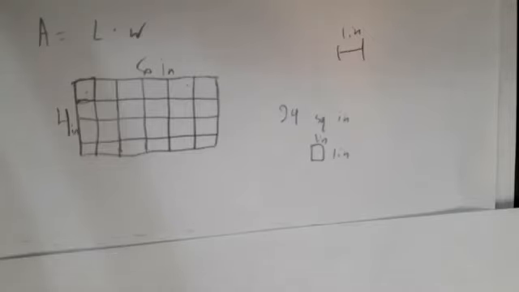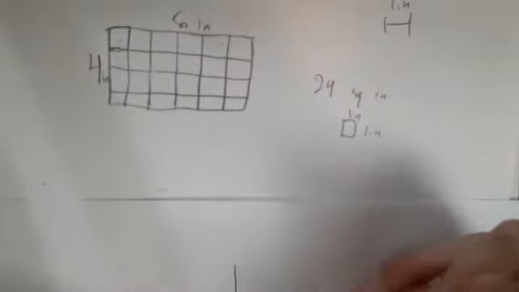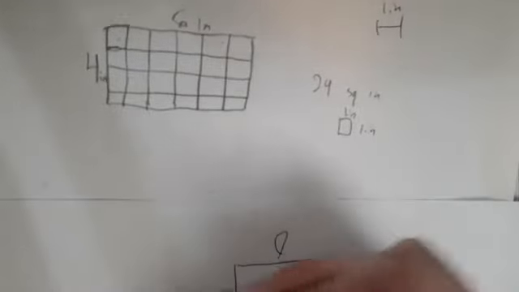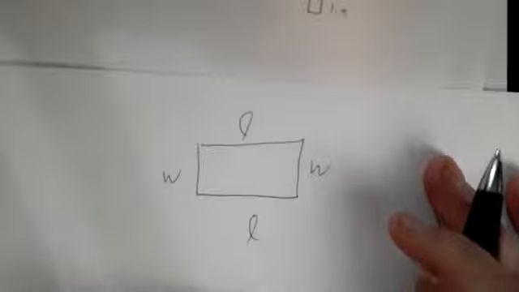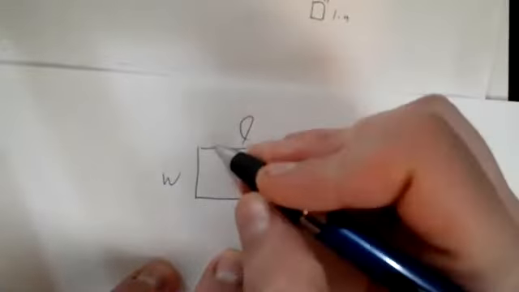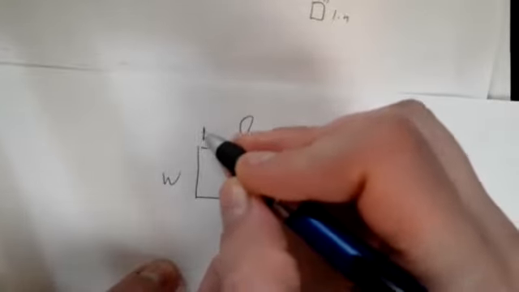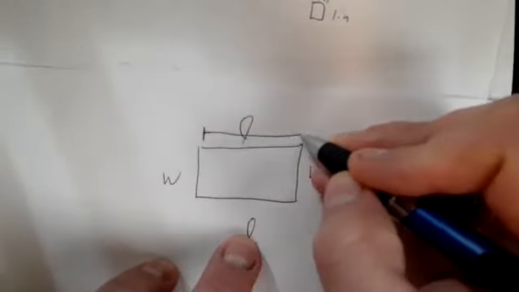The other thing there is perimeter. If I want to go around this thing, I have a rectangle, I have a length, a width, a length, a width. The perimeter is a single dimension, and it's like you're walking around the outside of an object.